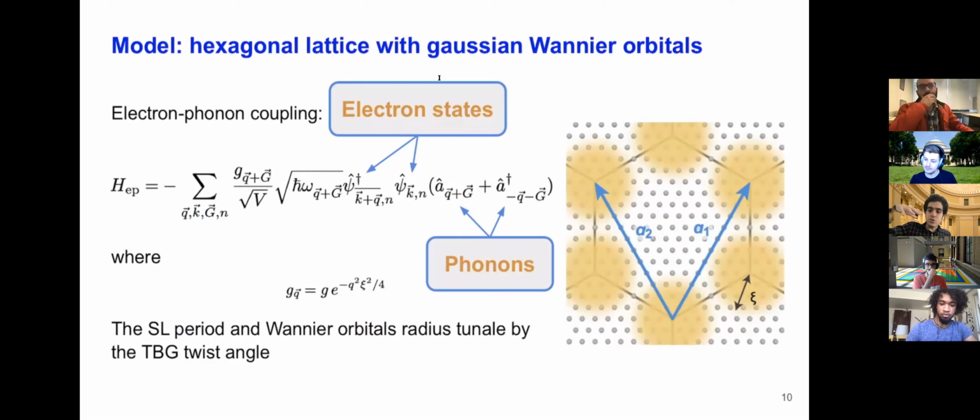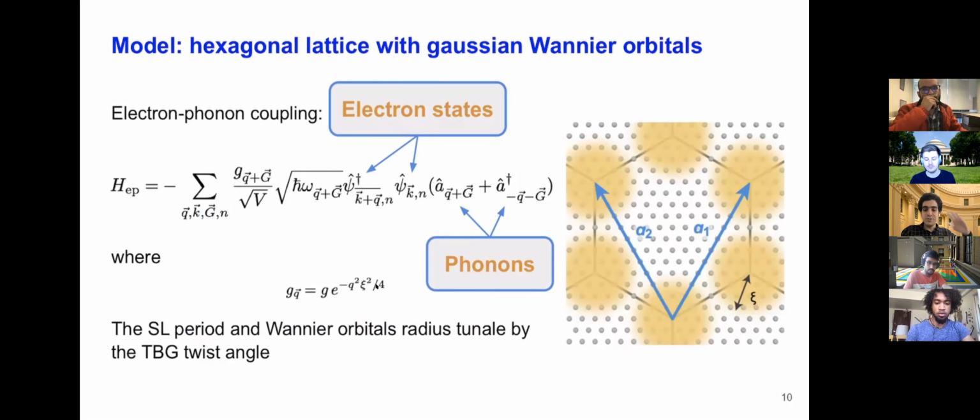Okay. And then you just Fourier transform. When you have two Bloch states, what you get is the Fourier transform of that Gaussian in real space, and that is also a Gaussian that you see here. And the 4 comes from just a Gaussian in 2D.